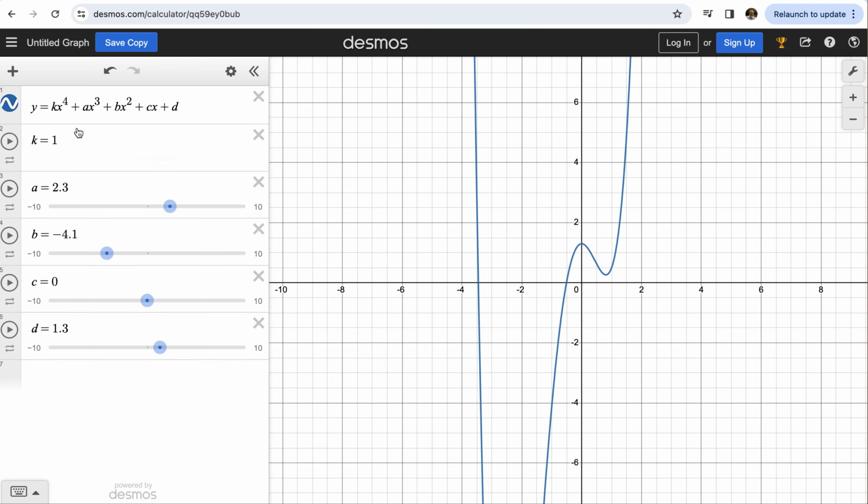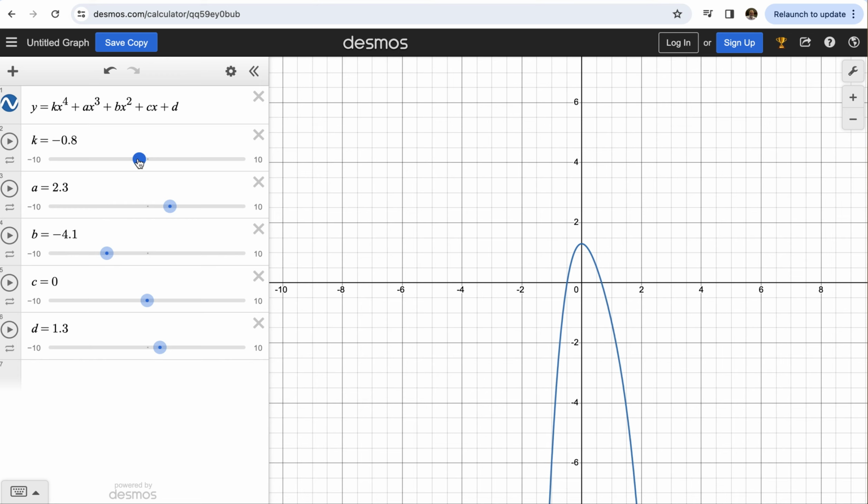So now it says, you want a slider for k? And I say yes. Well, kx to the fourth. The fourth is a curve that goes up on both sides if it's positive. It goes down on both sides if it's negative. Pick one right there. So now it's coming from the negative, coming up, then goes down, then goes up, and goes down. Notice this is now degree 4.